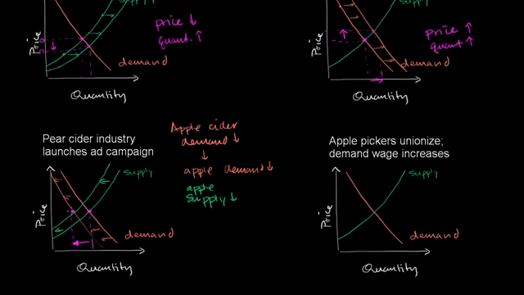It turns out I could have drawn this in multiple ways. And actually, let me draw it in different ways here. So let's think about other scenarios. Let me draw it slightly different. Let's say that the supply goes down even more dramatically. The supply shifts really far back. Now what happened?